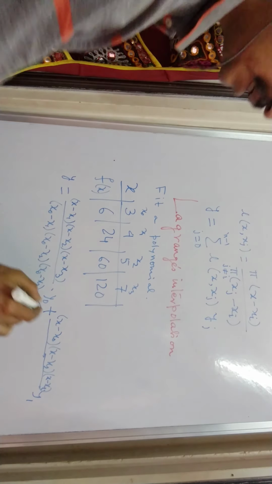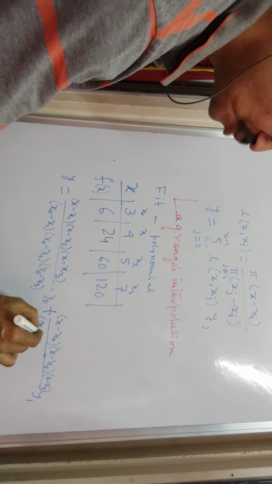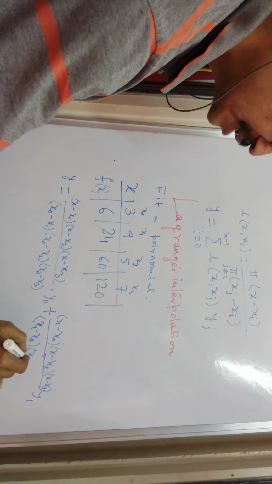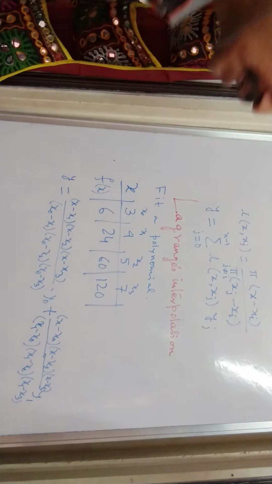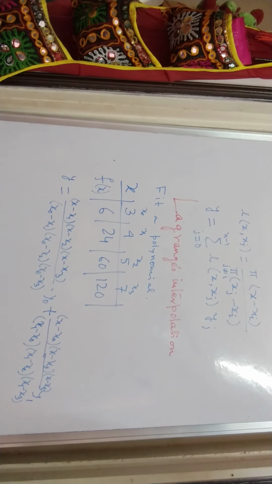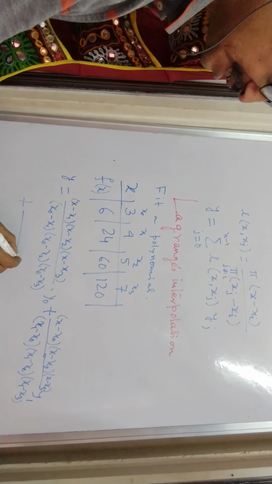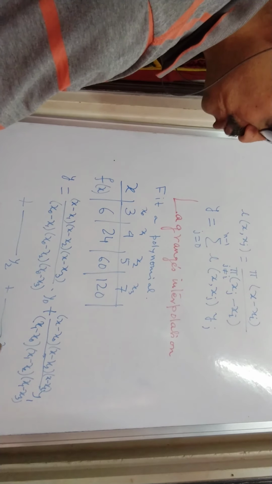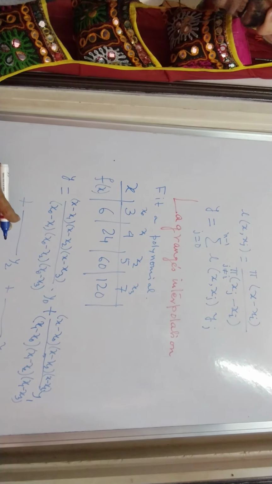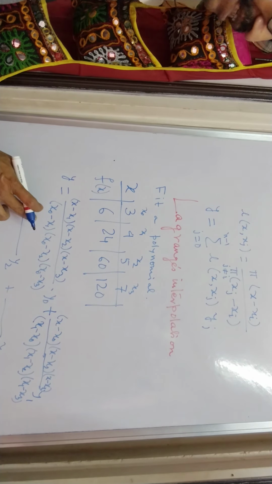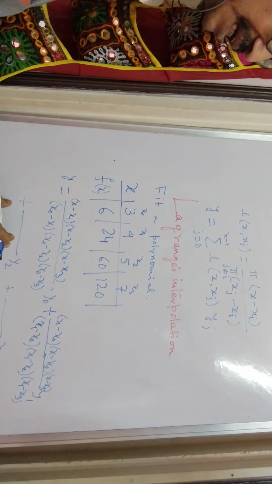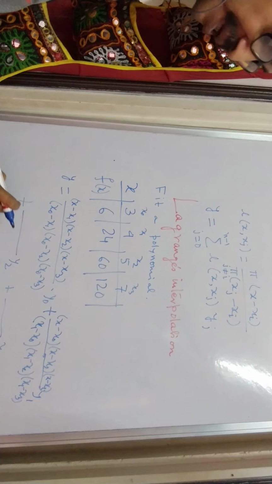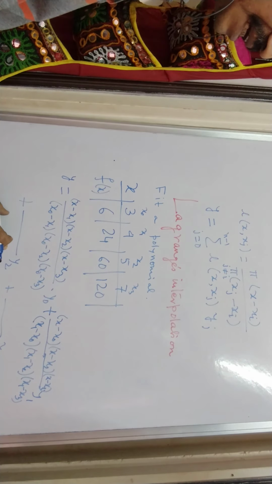In the denominator we have x1 minus x0, x1 minus x2 and x1 minus x3. Similarly, we have this into y2 and this into y3. For the coefficient of y2, x2 is absent in the numerator, and in the denominator x2 minus x0, x2 minus x1 and x2 minus x3 are there.